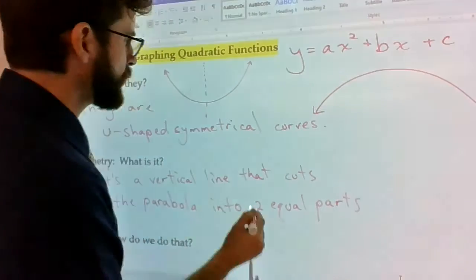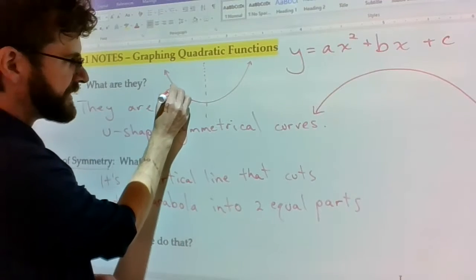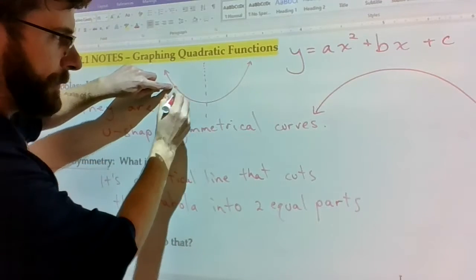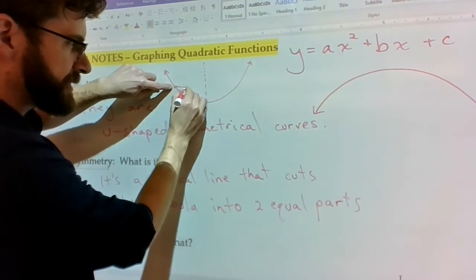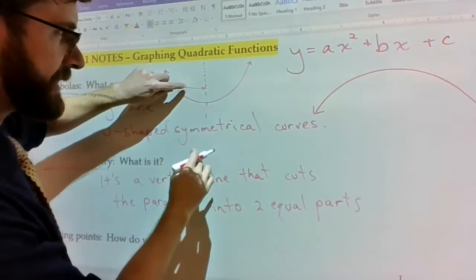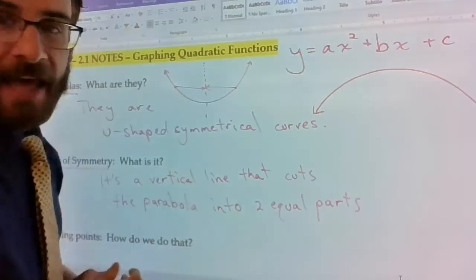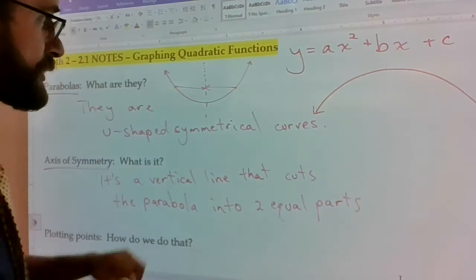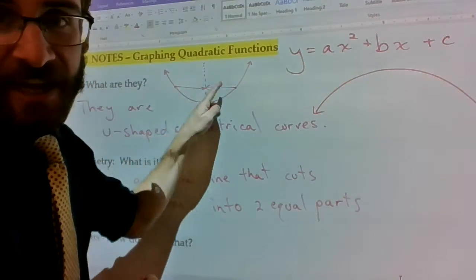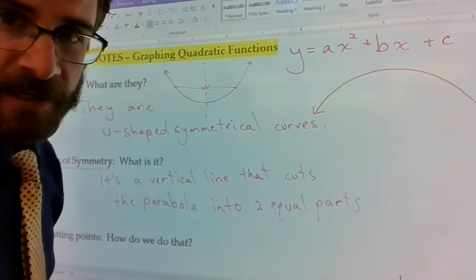Which is short to say, whatever distance this point on the parabola is from that axis of symmetry is going to be the exact same horizontal distance that this point is from that axis of symmetry. So if I plot one point, I've instantly got the other point. You'll see how that's a nifty little thing.